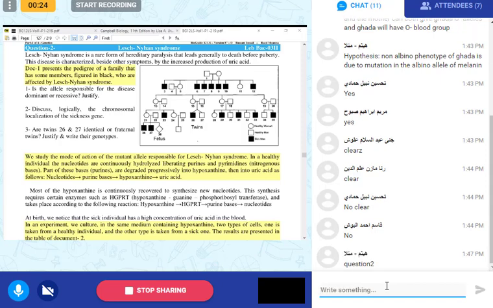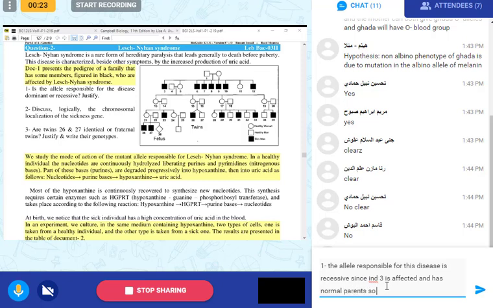Okay, so the allele responsible for this disease is recessive, since individual 3, for example, is affected and has normal parents.